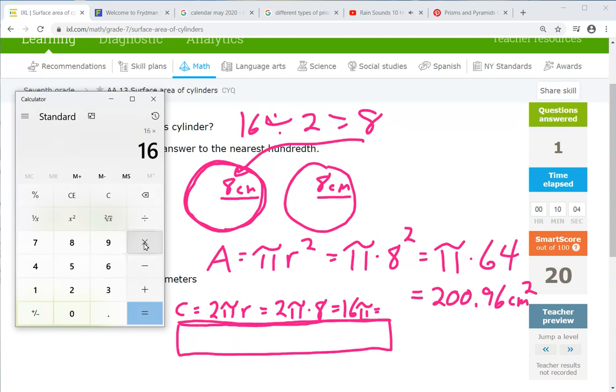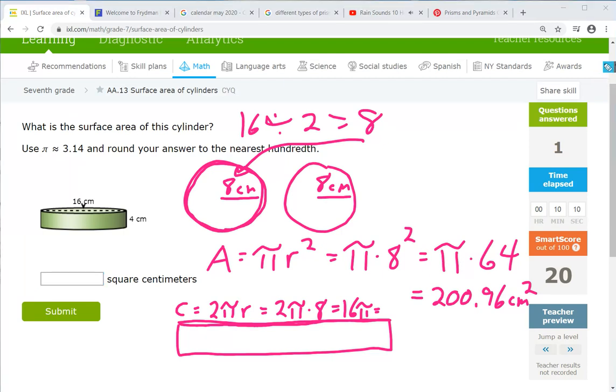So 16 times 3.14, so 50.24. That would be the length of this rectangle. And the height over here is equal to 4 centimeters. That's just coming from right over here.